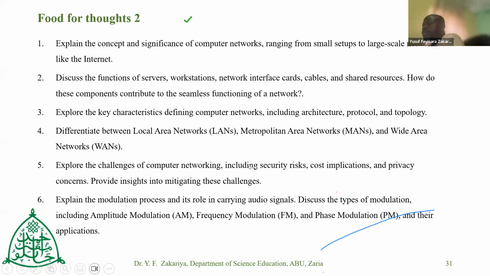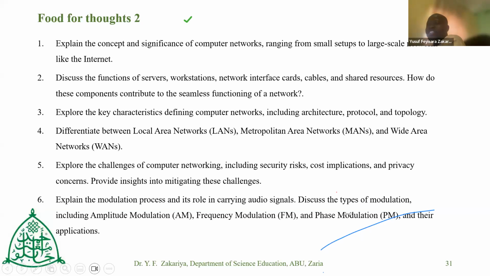The last question, of course, is explain the modulation process and its role in carrying audio signals. Part A of the question. Part B says, discuss the types of modulation, including amplitude, frequency, and phase modulation and their application. This is another simple question. I can just stop at discuss the types of modulation.